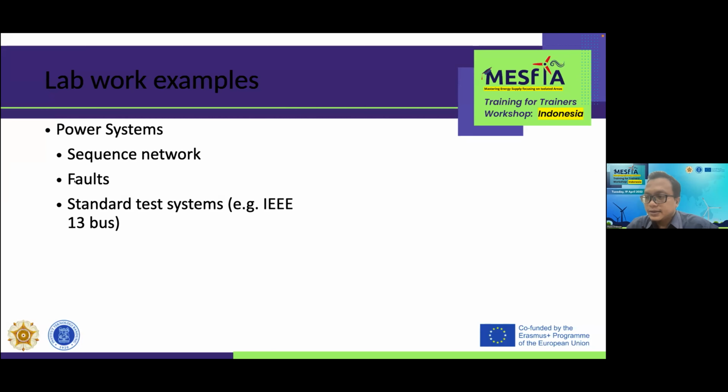Those types of fault will have an impact on the sequence network. And yeah, we can show the student that this is the concept, and when you do the simulation, this is what you get. And there are also some standard test systems from IEEE, for example, the IEEE 13 bus available.